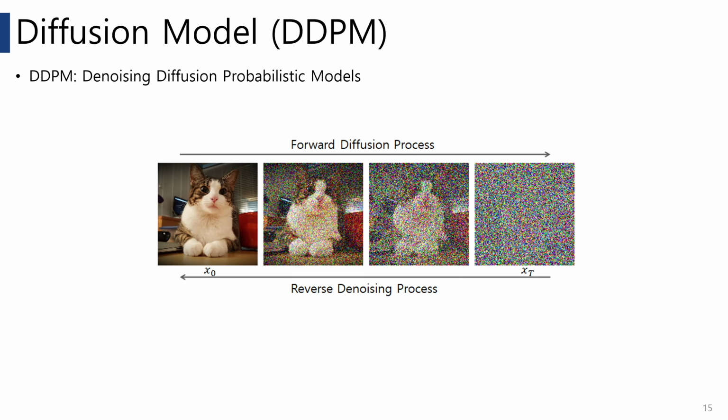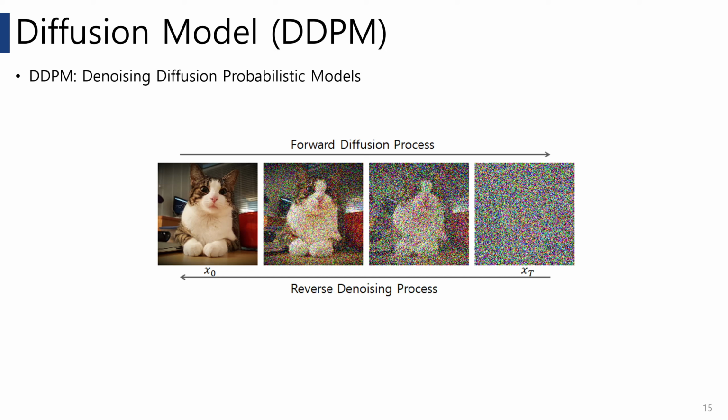In the same way, a diffusion model adds Gaussian noise to an image step by step until it turns into pure noise. The goal is to reverse this process by predicting the noise added at each time step and removing it sequentially to recover the original image.